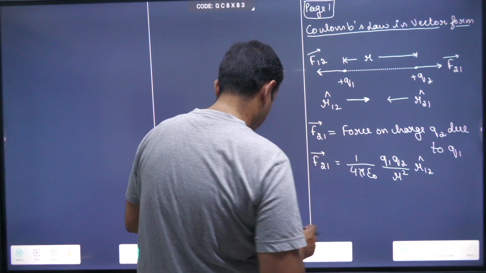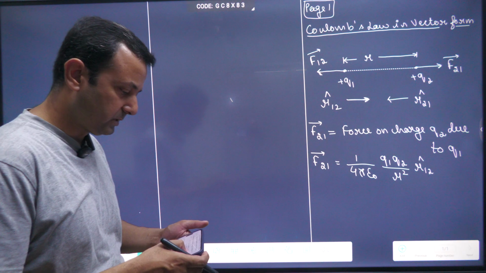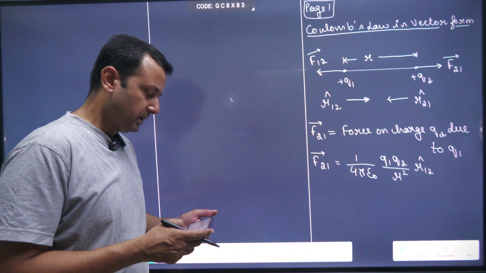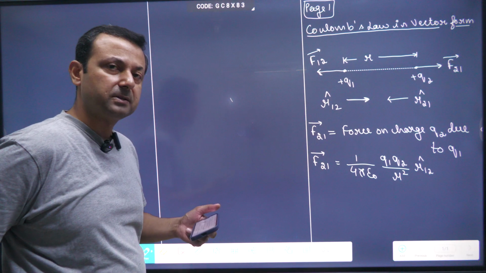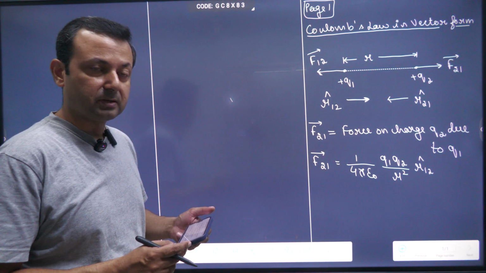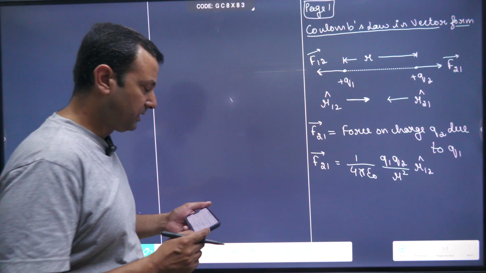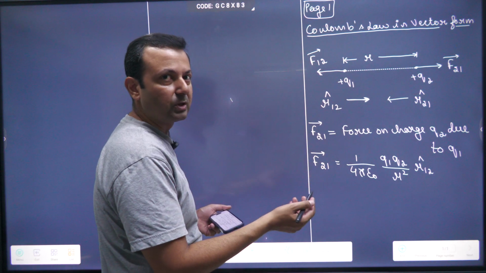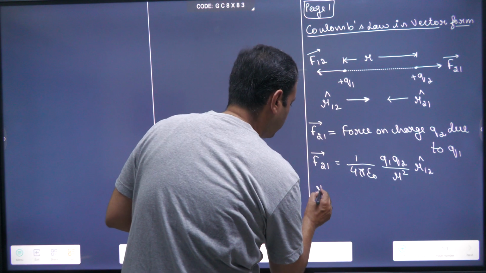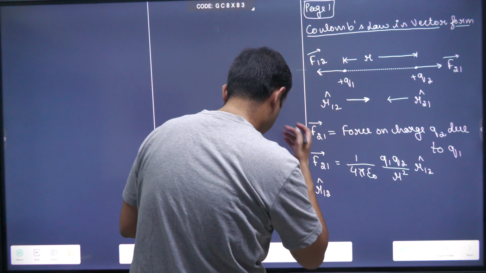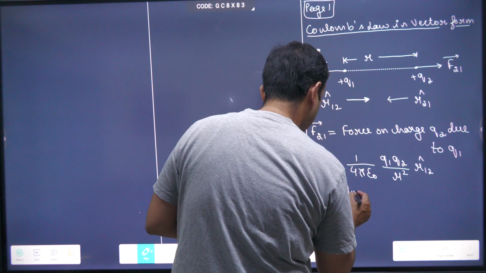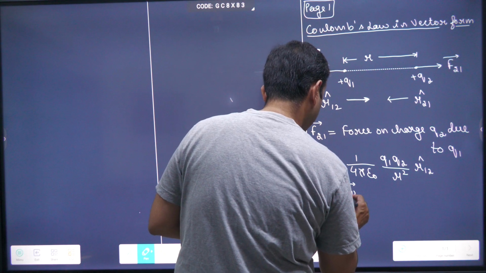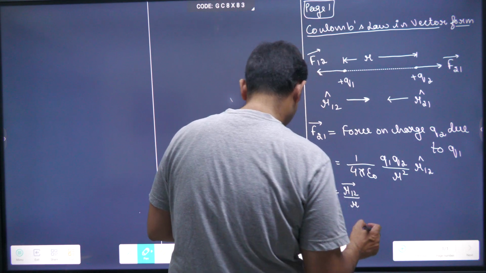All right. Now, let's move on to the next page, page number 8. Similarly, F12 vector. On the first line, we have mentioned what r12 cap is. So r12 cap is equal to r12 vector upon r.